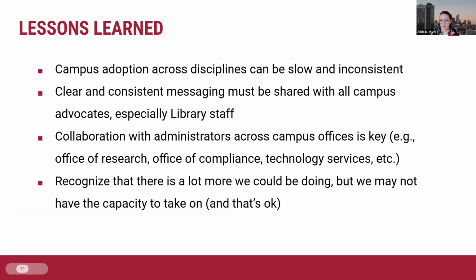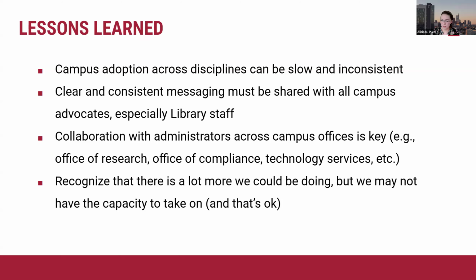So needless to say, we've learned a few things, and we continue to do so after implementing these strategies over both the long term and the short term. I would say that the major takeaway for us at Temple is that campus adoption across disciplines can be really slow and inconsistent.